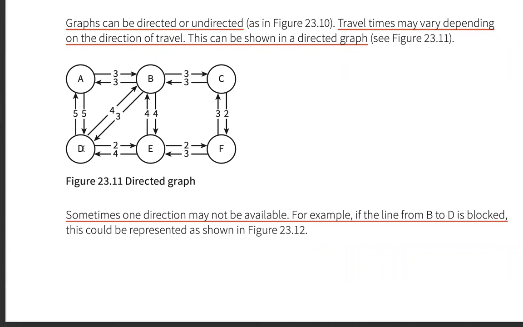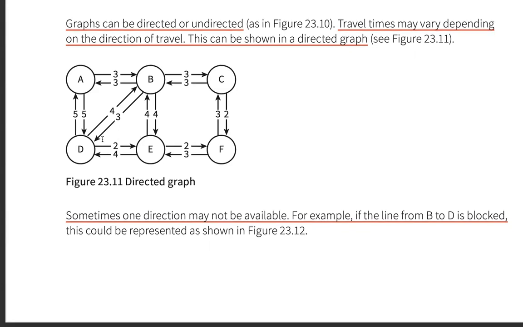For example, here, traveling from D to B and vice versa is possible because it's labeled this way. If I have not labeled both directions, it is automatically assumed that only one direction is possible, and the other direction cannot be carried out. This is what a directed graph makes abundantly clear.